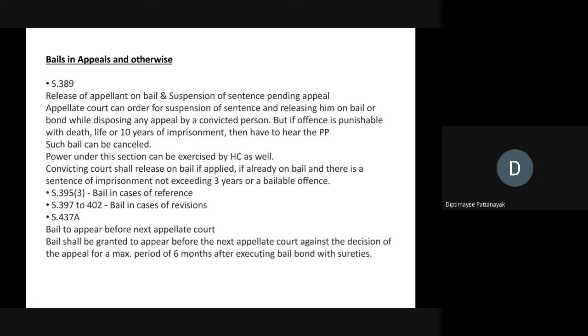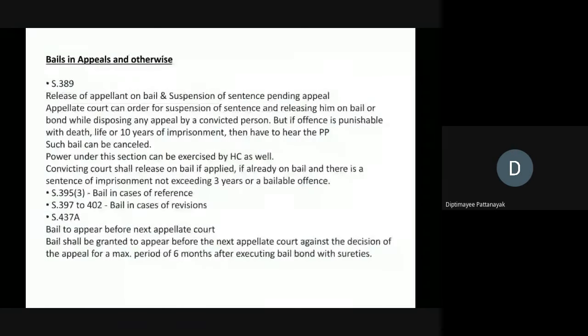It shall release the person on bail if the imprisonment awarded is not exceeding 3 years, or the offence being tried is a bailable offence, and in such case, if the accused is already on bail and he is applying for bail to appeal before an appellate authority, he shall be released on bail by the convicting court.